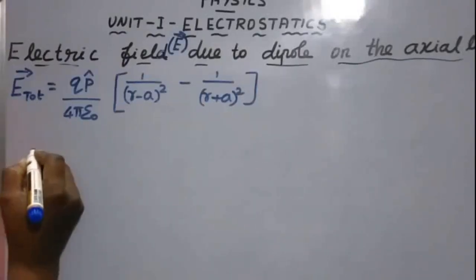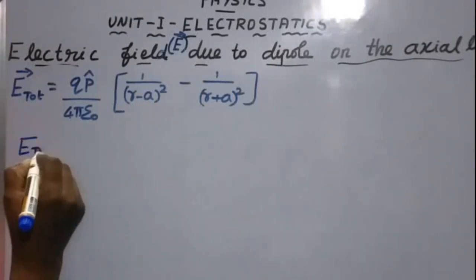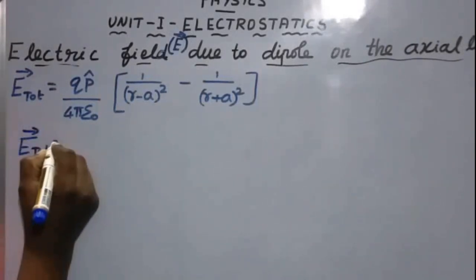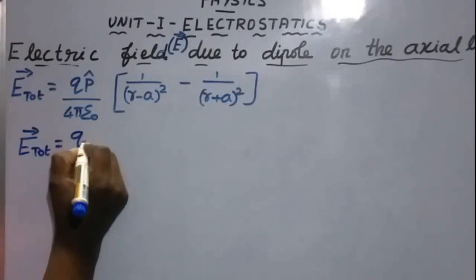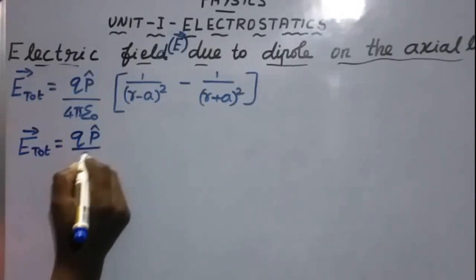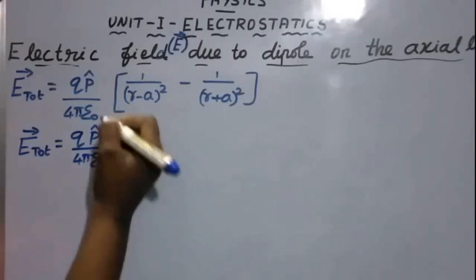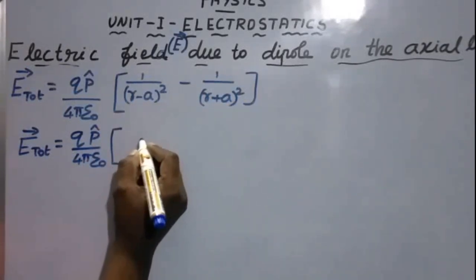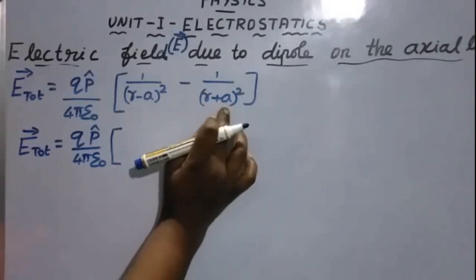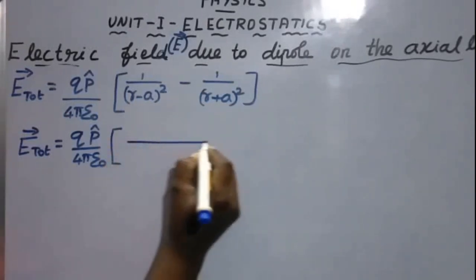The next step is E total vector equal to q p cap by 4 pi epsilon 0 into, here the denominators are not the same, so we are going to take the LCM.